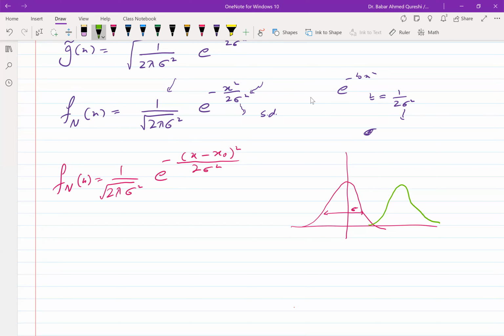None of the other properties are changed. Just the graph is shifted from x equal to 0 to x equal to x naught. All the other shapes remain the same. So this Gaussian, or this normal, has standard deviation sigma, and mean is now at x naught.